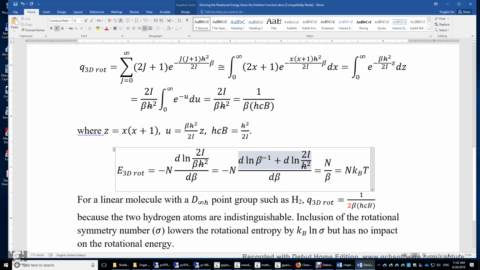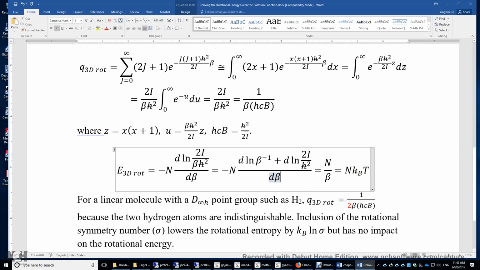You have 1 over beta here, and then you have a second term, the exact differential of ln 2I over h bar squared. Fortunately, this part does not depend on beta. I is a constant, h bar is a constant, therefore we just need to take this first derivative, and if we do that, we'll get n over beta in the end, which is also n times kBT. So the average three-dimensional rotation energy per linear molecule is simply kBT.